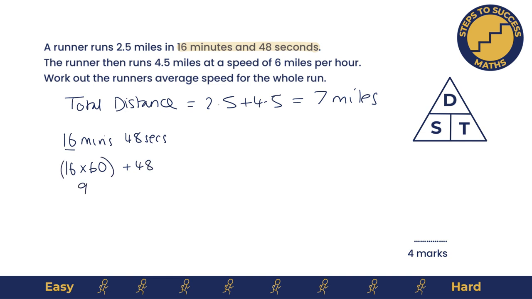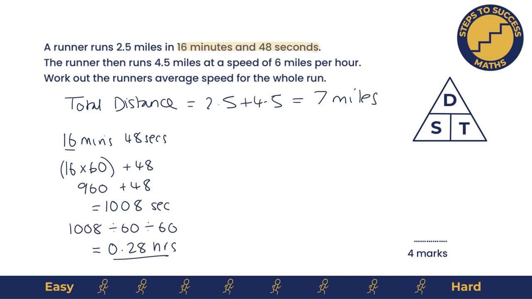So 16 times 60 and then add on 48 is 1008 seconds. And then to go from seconds to minutes, I can divide by 60. And then to go from that to hours, I can divide by 60 again. So 0.28 hours.